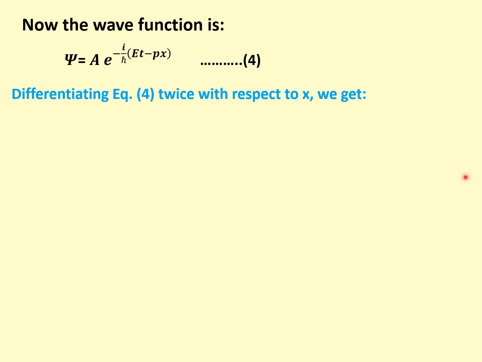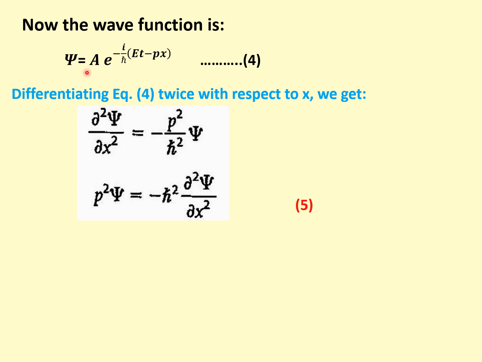So d psi by dx will be A e raised to the power minus i by h bar (Et minus px) into the differentiation of the exponent; Et gives 0, and minus px gives minus p. If we differentiate one more time, it will be minus p square by h bar square, and i gives i square, that is minus 1, times psi.